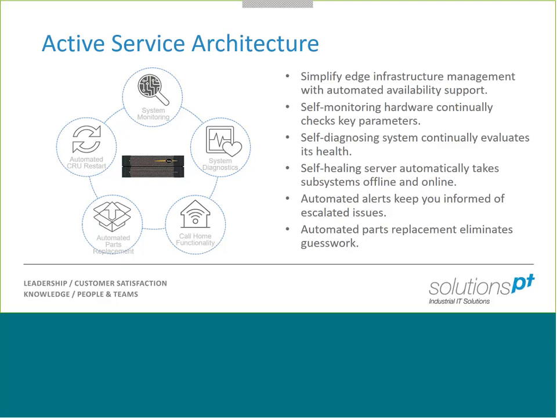So if you imagine we've got two slices to this server and a processor failed in one of the slices, rather than just sending out that processor, we're going to send out a fully built slice that includes all of the memory, all of the processing power, all of the hard disks.